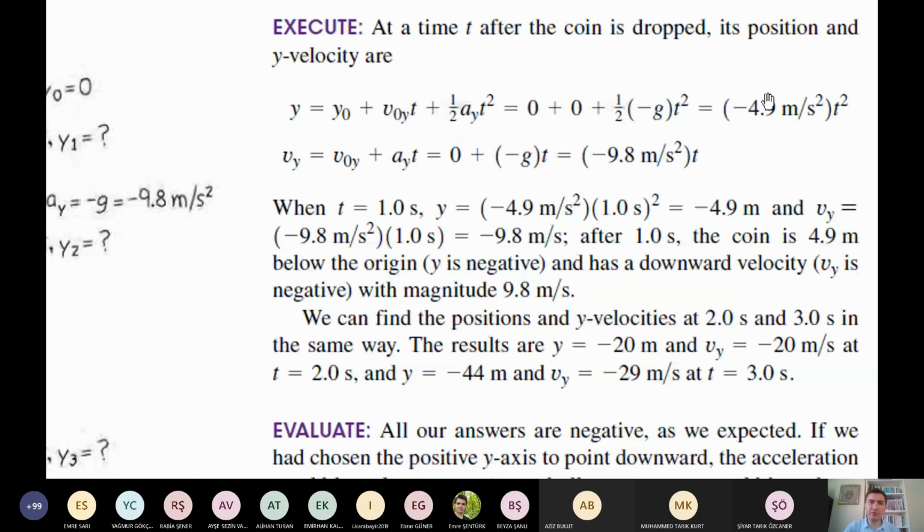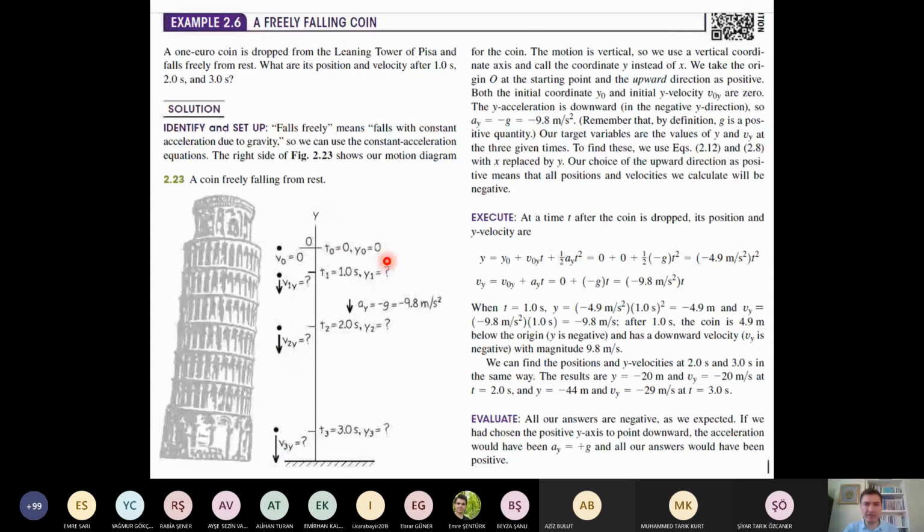So instead of y0, look at the motion diagram here. Y0, let me show you with the pointer. Y0 is 0 because I have chosen the origin here. Put 0 here instead of y0. What is v0y, initial velocity? It is also 0 because the particle starts to have free fall motion from the rest.